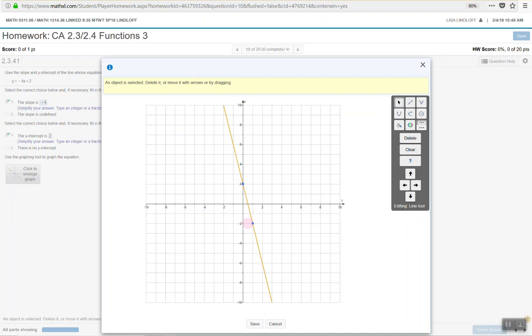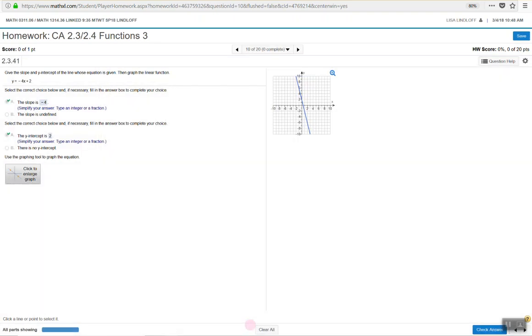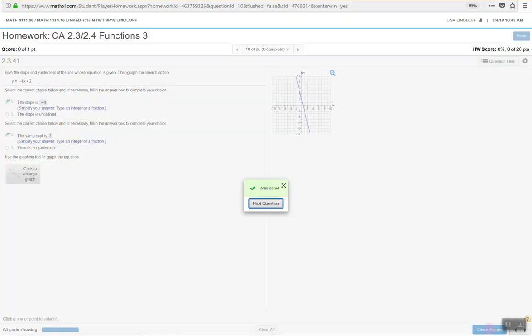So remember again, you start with the line tool, you click, I'm not using a mouse, I'm using a pen, but I went to 2 on the y-axis and did click. Then I went down, the slope is negative 4, so I think of that as negative 4 over 1. So down 4, right 1, tell it to save it because it was large, and ask it to check it, and it says correct.